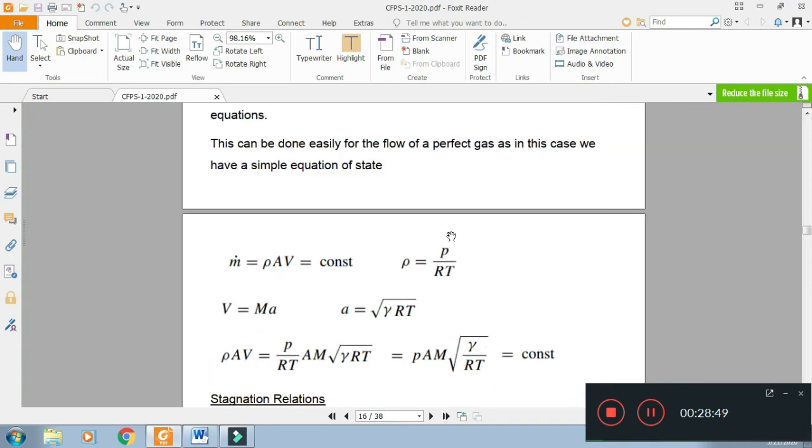And in any compressible flow or gas dynamics book, there is a chart or table for isentropic flow. There is a table for the shock flow. There is a table for flow with friction. In all the tables, one of the columns is Mach number. From the Mach number we will get the values of the changes in property.